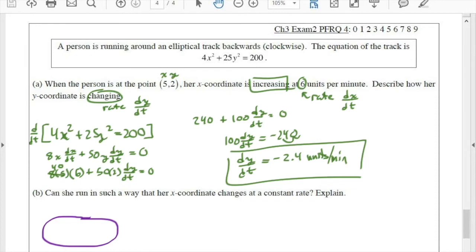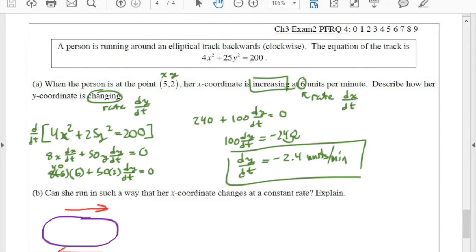I would say it's not physically possible, especially because at first when she's running on this part of the track, her rate is positive, but then when she's running on this side of the track, her rate is negative, and so at one point, her rate has to change directions. There's a positive, and then there's a negative, and so I would say no, this is impossible, and then we gotta explain it.